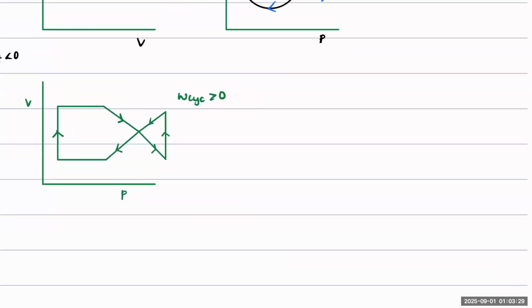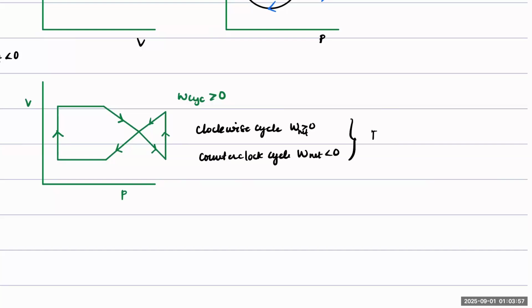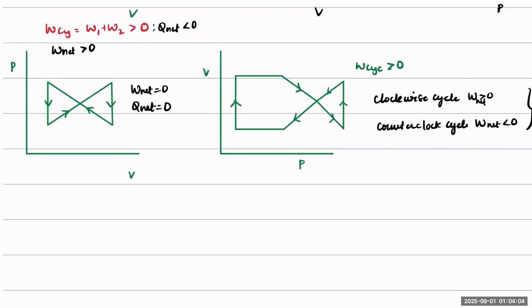So here, clockwise cycle will make work positive and counterclockwise cycle, work net will be negative for V versus P graph. Okay, that's the difference. So this is V versus P graph.